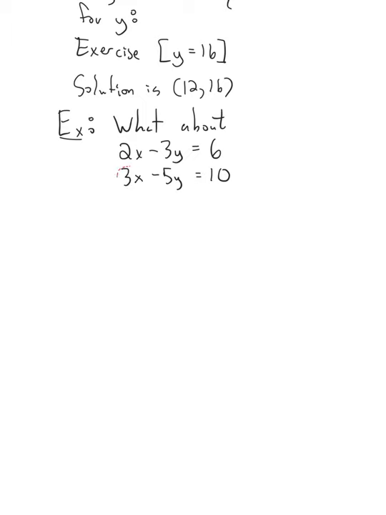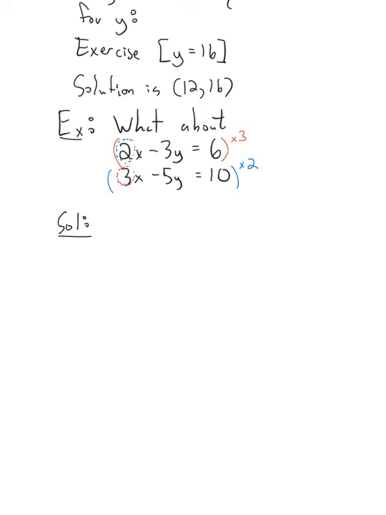So I'm going to multiply the first equation by 3. 2 times 3 will give me 6. And I'm going to multiply the second equation by the other coefficient, 2. That will also give me 6. And then if I subtract, I will eliminate my x's. That will always work for you, which is fantastic.